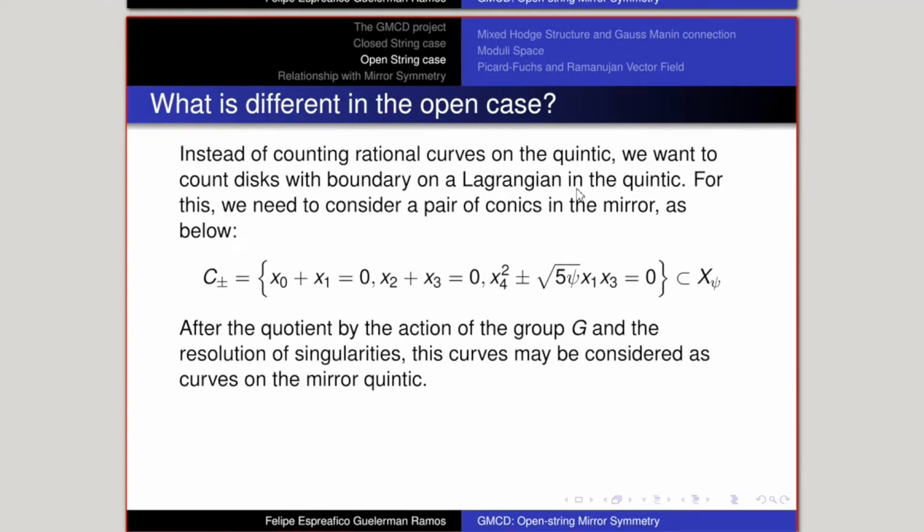So this Lagrangian is on a general quintic, and on the mirror quintic we have these two conics.